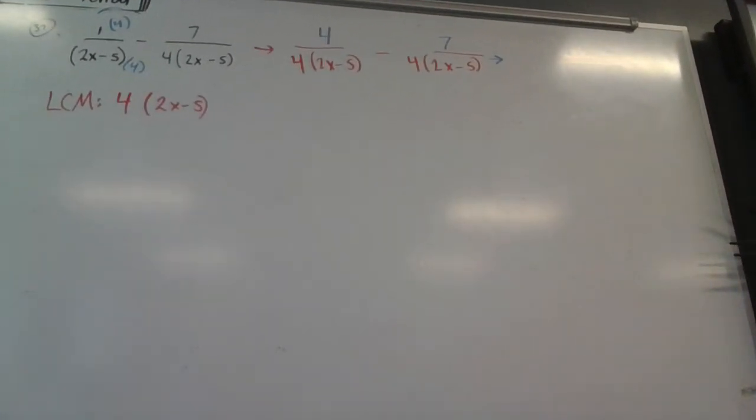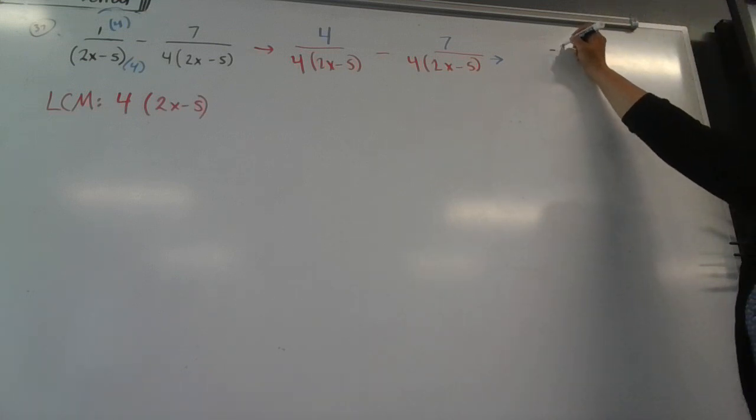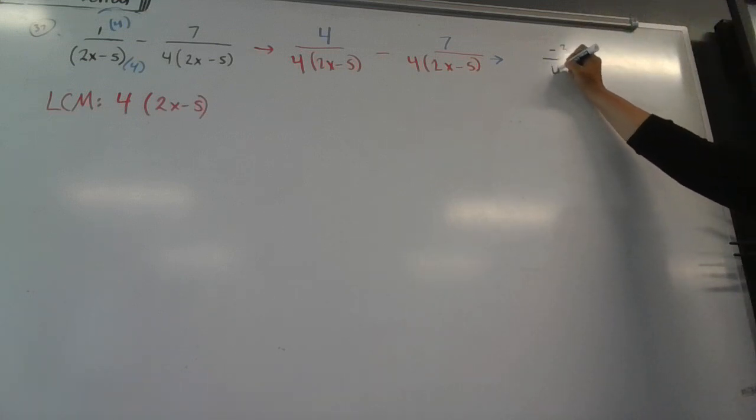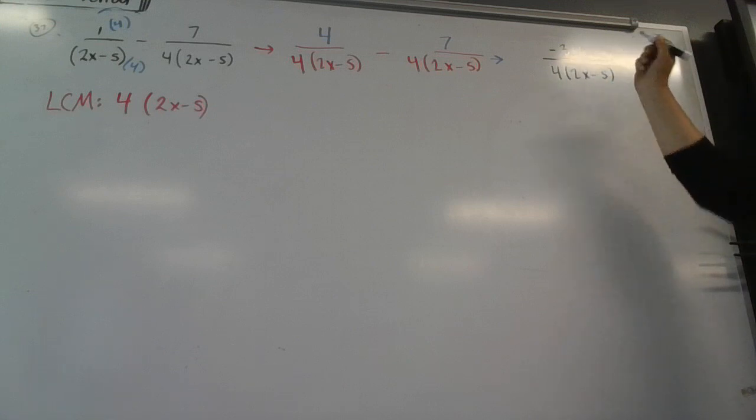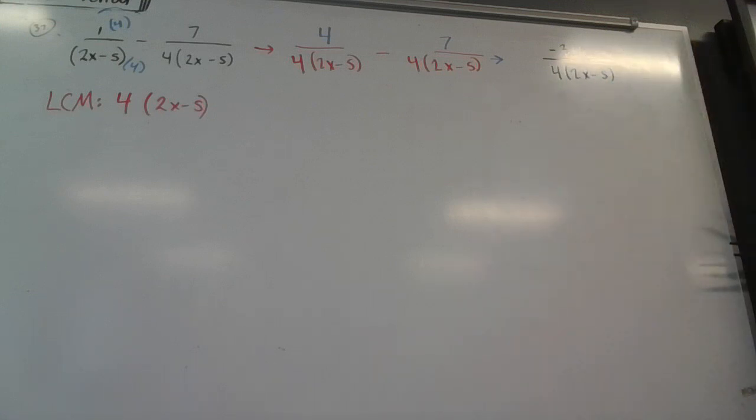Negative 3 over 4 times 2x minus 5. That's right. So now when I go back to the original problem, I have that yellow part rewritten, more simplified, negative 3 over 4 times 2x minus 5.